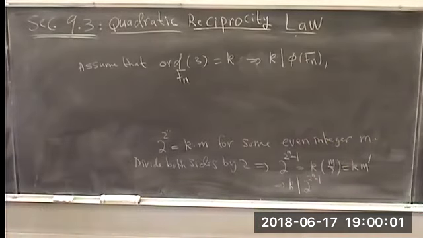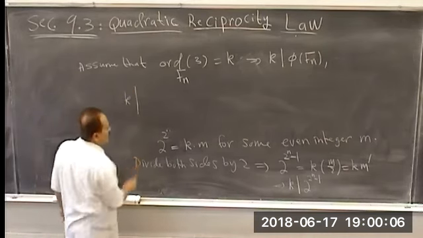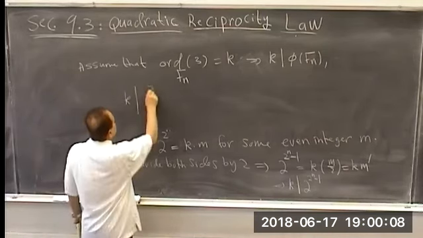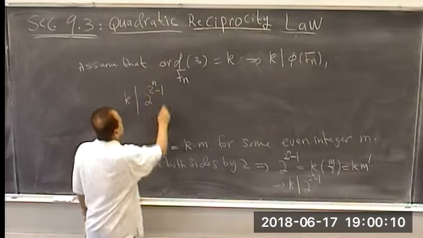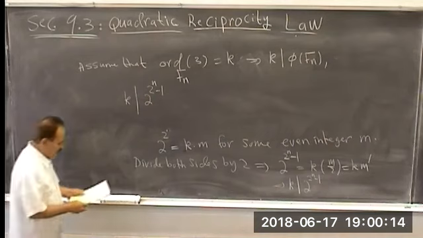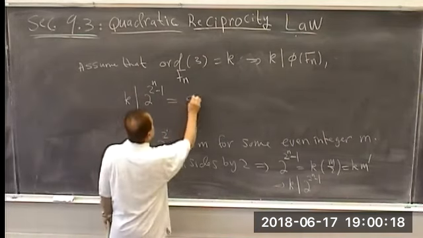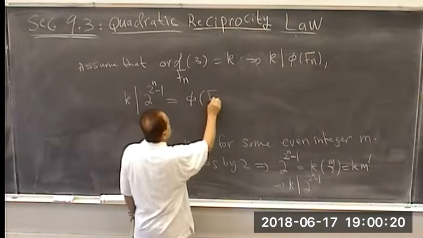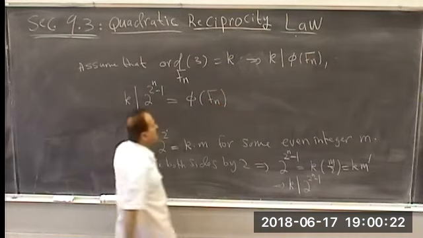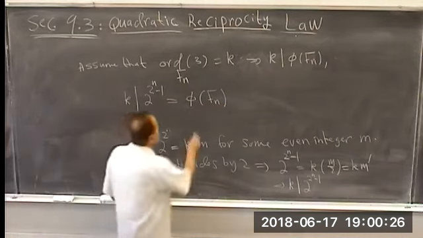So we have the last divisibility: k divides 2 to the power 2 to the n minus 1. But this is equal to phi of Fn over 2.